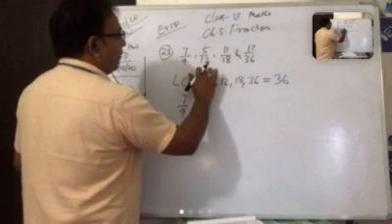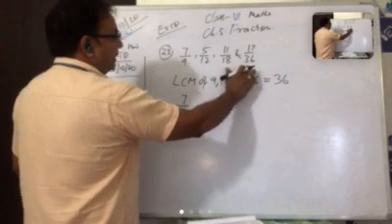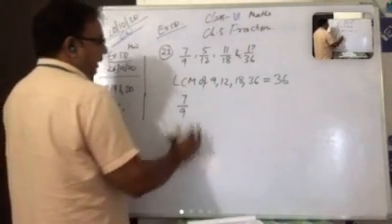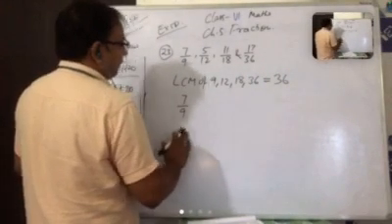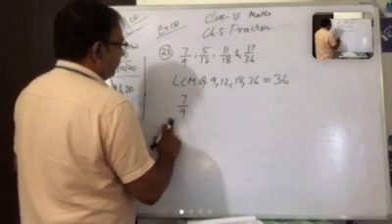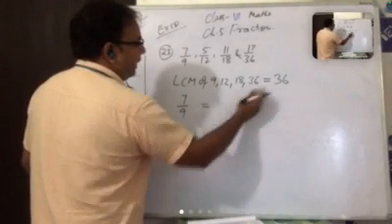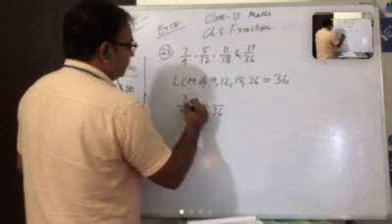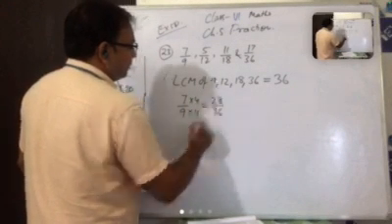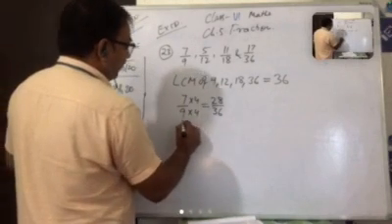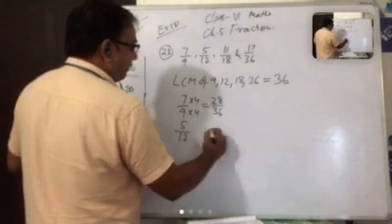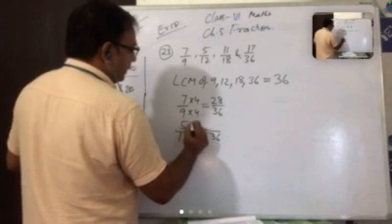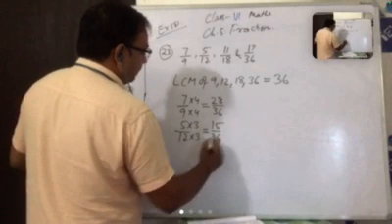Now 7 upon 9, 5 upon 12, 11 upon 18, 17 upon 36, these all are unlike fractions, so first we have to make the fractions like. We can convert the fractions into like fractions. First is 7 upon 9 and our required denominator is 36, so we can change according to this. Then the second one, 5 upon 12, the required denominator is 36, so 12 threes are 36, so 5 threes are 15.